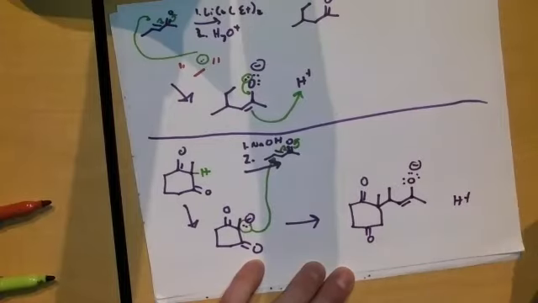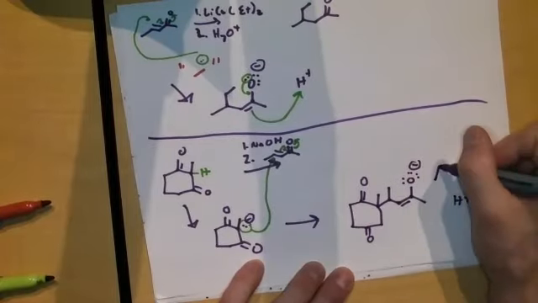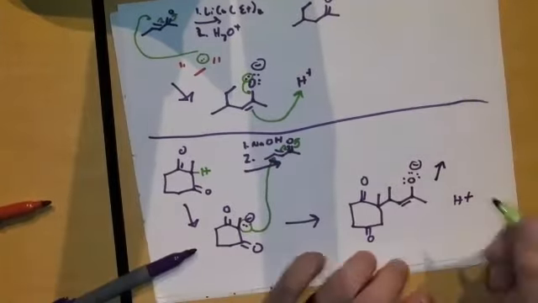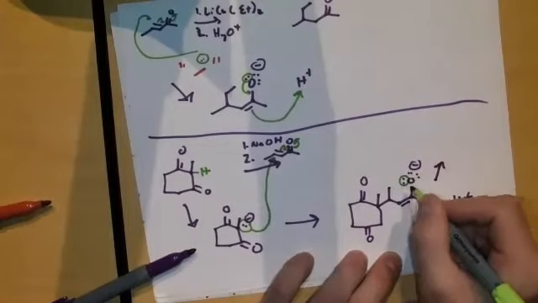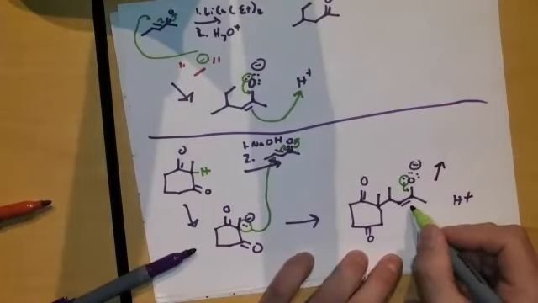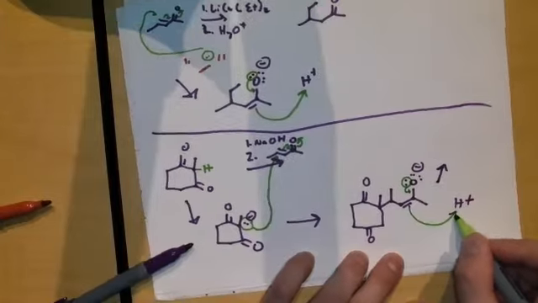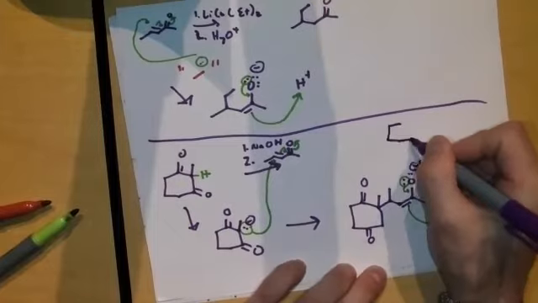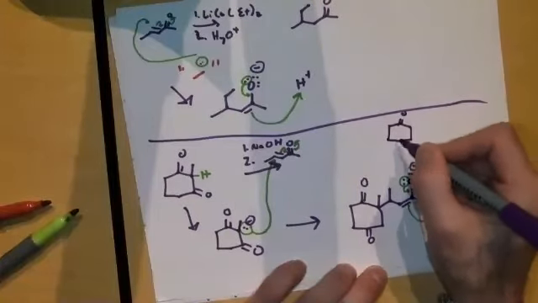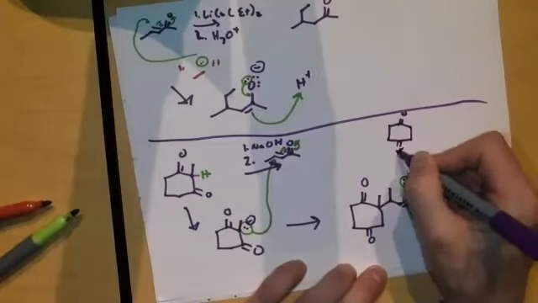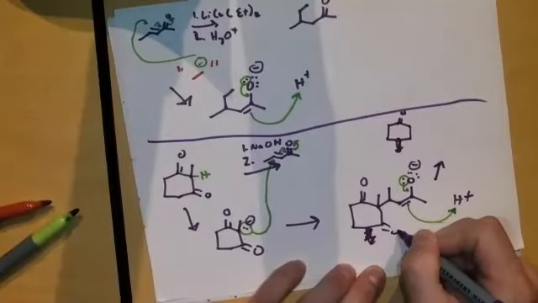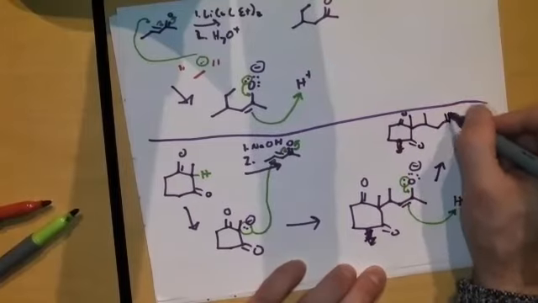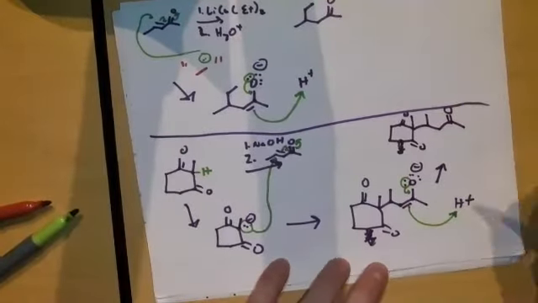We can add H+ into solution. This will form our ketone. Oh wait, no, this is the wrong position, isn't it? There we go. And give us our final product.